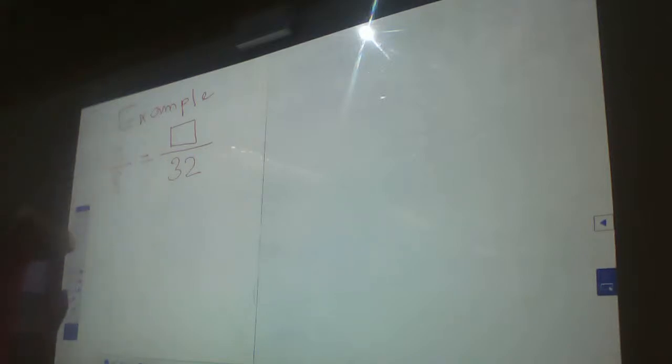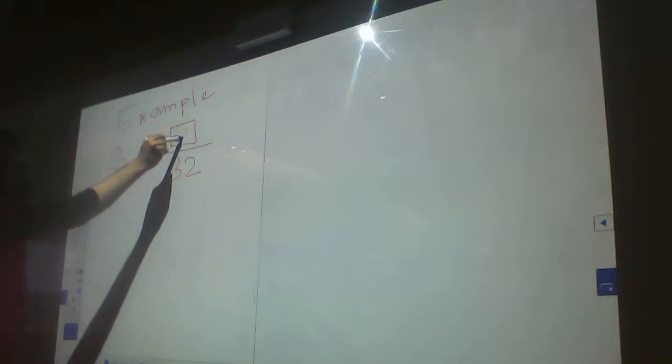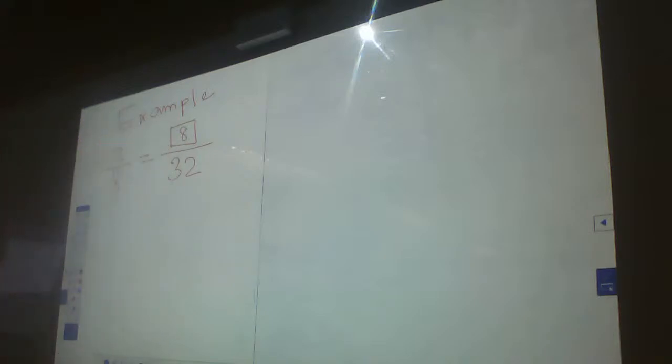So what will be the number here? 8, right? Because we already know 1 equals the whole, so 8 times what number gives 32? 4. Same, 2 times 4 gives the answer here, right?